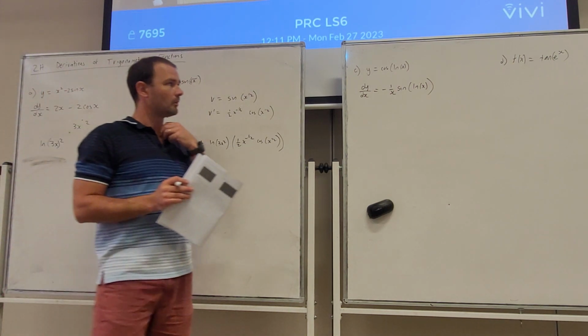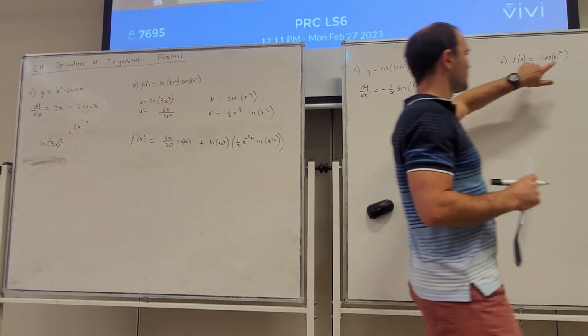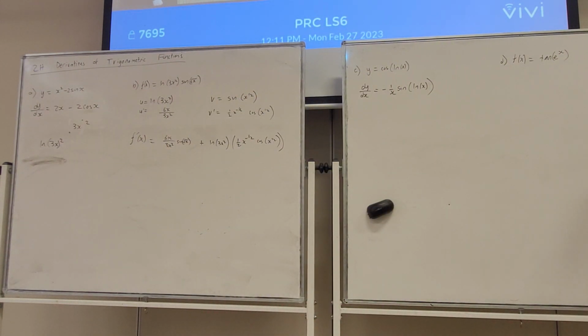Now, with the one I've just done and with this one here, I've seen some people in the past use the product rule. They've looked at that and they've gone, oh yeah, that's tan times e to the x. And that's wrong because tan is not a value, it's not a function by itself. You have to have tan of something. Similarly, it'd be like if you had square root of e to the x, and you were to say, oh, that's square root times e to the x.